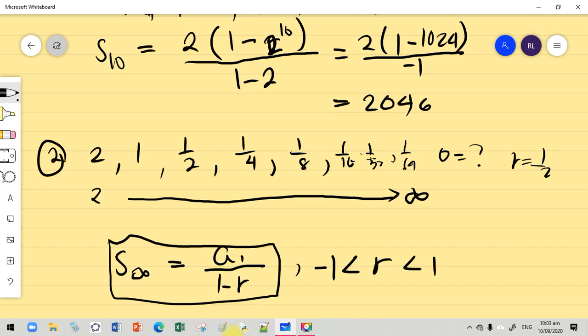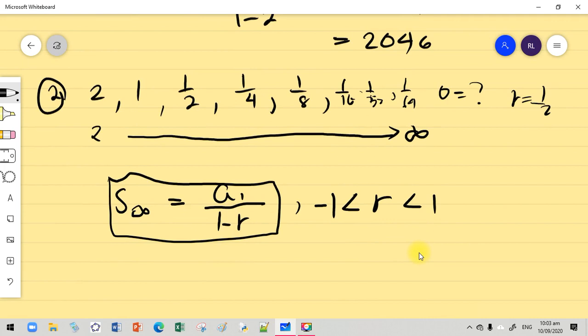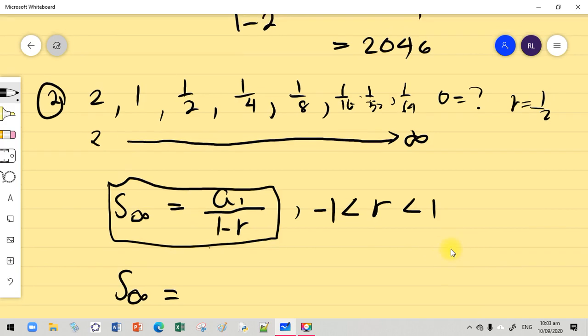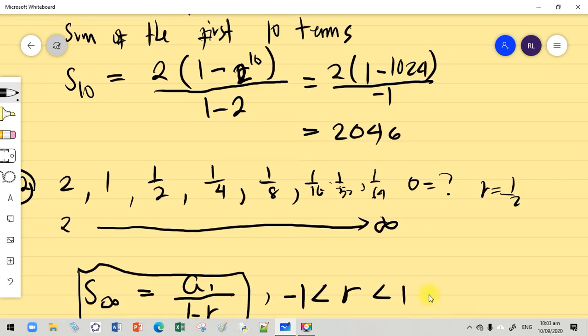For that, the derivation, we'll provide another video for this. Okay, so we have here s sub infinity equals a sub 1 over 1 minus r. As you can see, this is the difference between the formula for the infinite sequence and the finite sequence above.